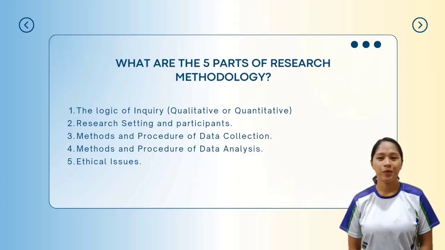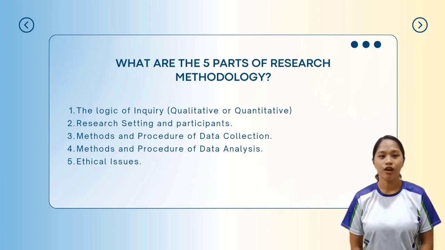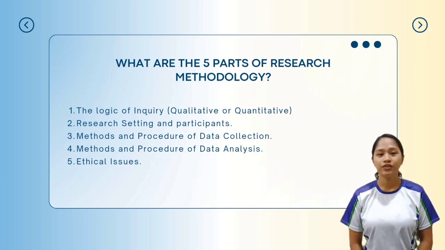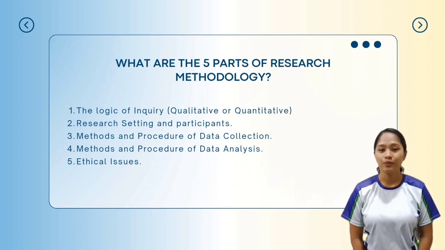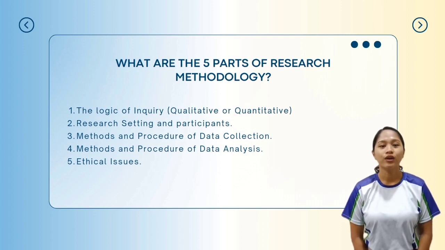What are the 5 parts of research methodology? Number 1, the logic of inquiry, or qualitative or quantitative. Number 2, research setting and participants. Number 3, methods and procedure of data collection. Number 4, methods and procedure of data analysis. And lastly, ethical issues.